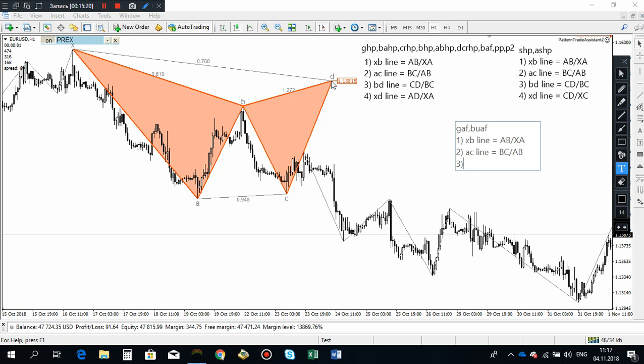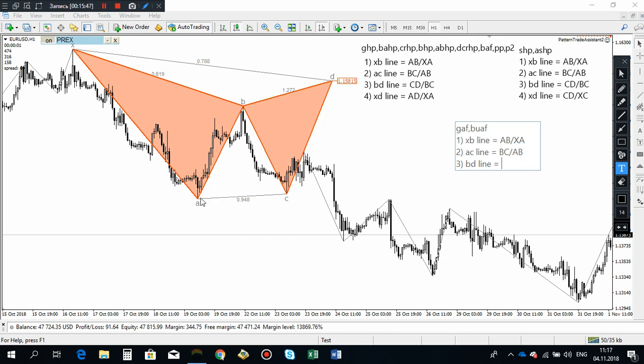Now get ready for new information. The line of B to D, it is the ratio of AB. It is extension of AB. It is not the BC inversion, like in this case. You see, it is BC inversion, but this one is AB extension.